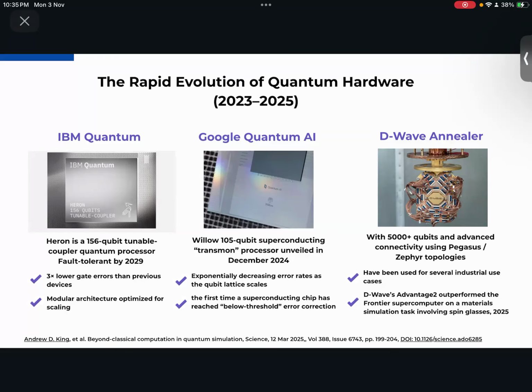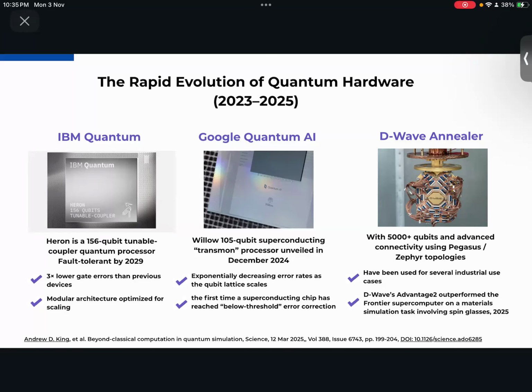For now, they have the Heron chip with 156 qubits, and these qubits are highly entangled, and they plan to have a fault-tolerant computer by 2029, which is about 4 years from now, or basically 3 years from now. They've been achieving really lower error in their Heron chip, and they're doing quite amazing.